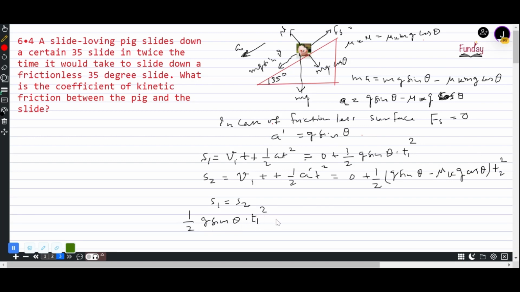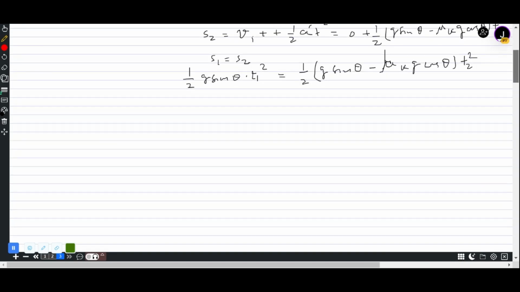The first is about the frictionless surface, and the second is the one which has friction. Obviously the frictionless surface is going to take less time. So t1 is equal to t2 by 2.